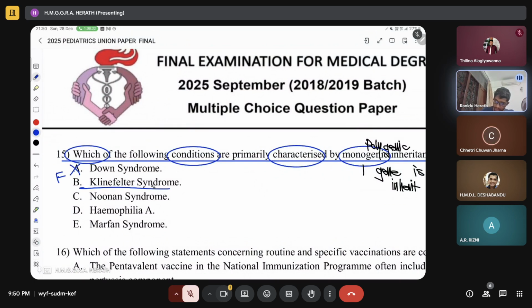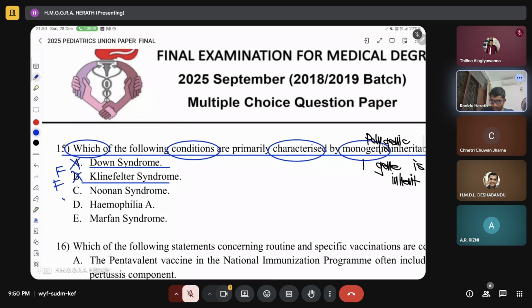Klinefelter, monogenic or polygenic? Chromosomal. Noonan syndrome, monogenic or polygenic? Monogenic. Which chromosome?